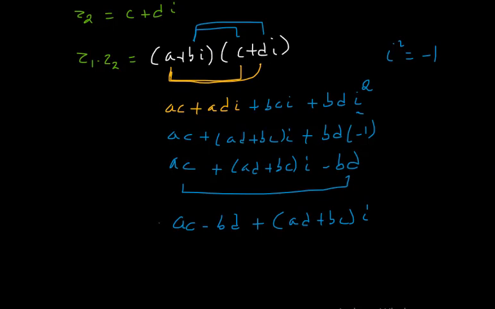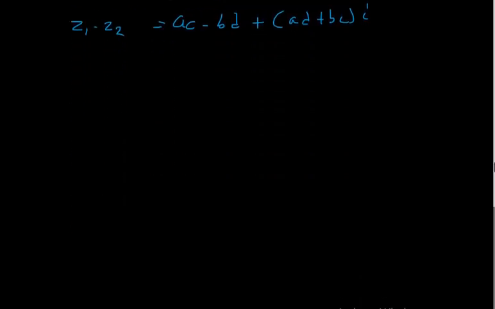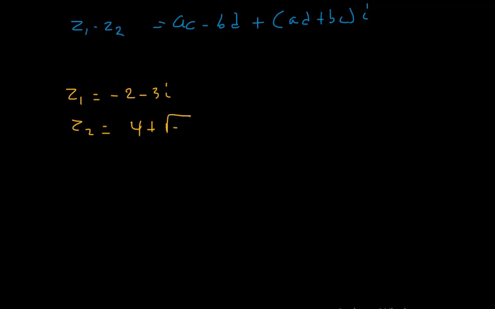So this is the product of the two complex numbers Z1 and Z2. This is the same thing as we do for real number situations. Let's see some examples. Let Z1 equal -2 minus 3i, and Z2 let it be 4 plus the square root of negative 4.